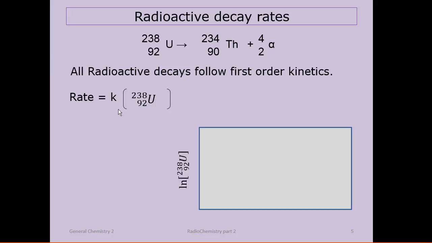And we've learned that if it's a first order reaction, if you graph the natural log of the concentration versus time, you'll get a straight line that is sloping downwards. And we've also learned that the slope of this is the negative k. In other words, the positive value of this slope is actually the rate constant k. We also know that wherever this starts is the original concentration of the uranium-238.